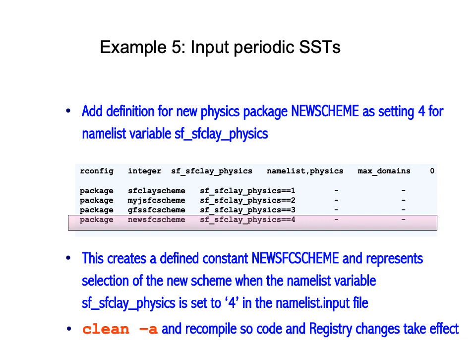That new_sfc_scheme, that enumerated type, that constant, is constructed by the registry. It's passed into all of the routines, and it's set to the value of 4. So instead of seeing if tests that say if option is equal to 1 or 2 or 3, we are now allowed to say if the option is equal to the new surface scheme. It's very convenient. Remember, anytime that we modify the registry, we have to do a clean -a, configure, and compile.